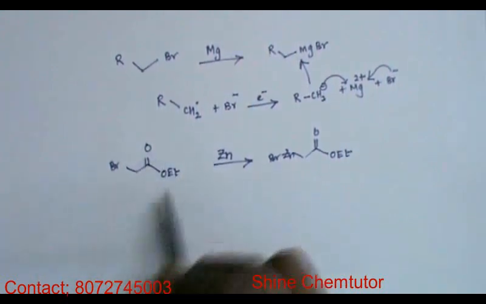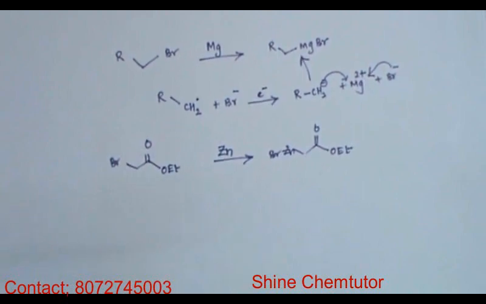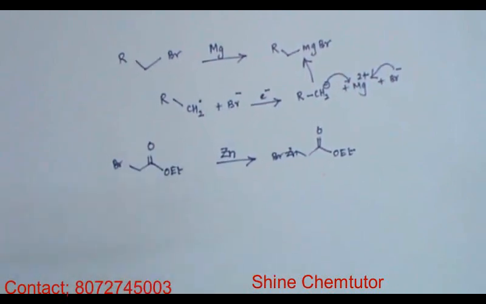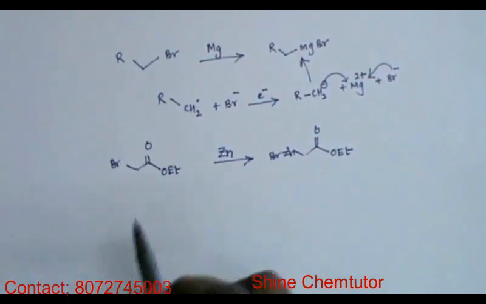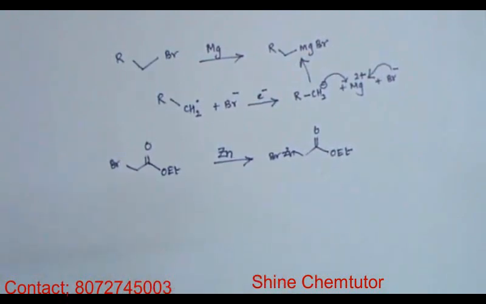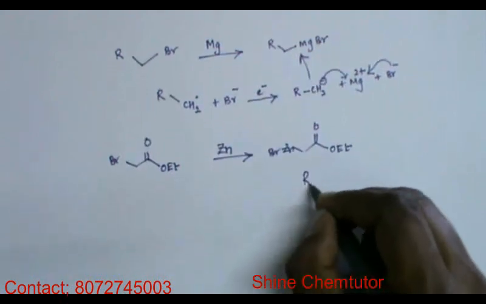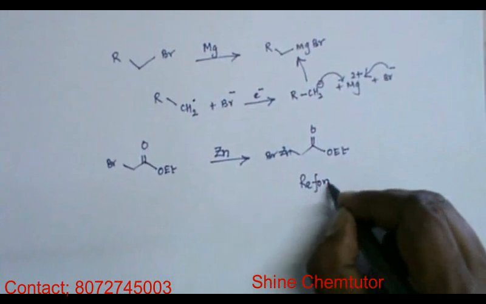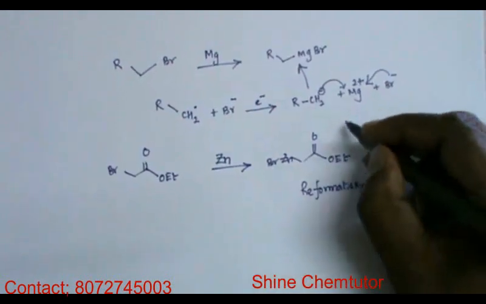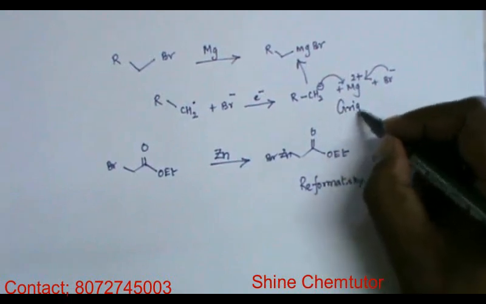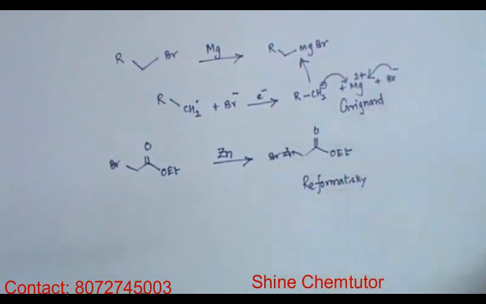When there is electron withdrawing group and the halogen is alpha to electron withdrawing group, then the reaction is more facile because the reactivity of zinc is somewhat less. So this particular reaction is known as Reformatsky reaction. The earlier one, it is nothing but Grignard reaction.